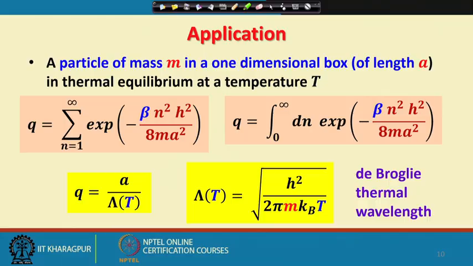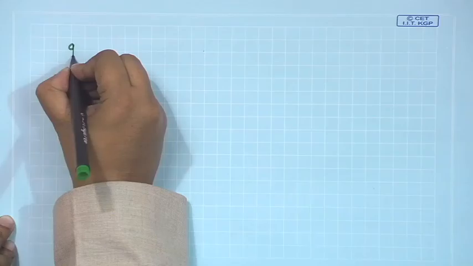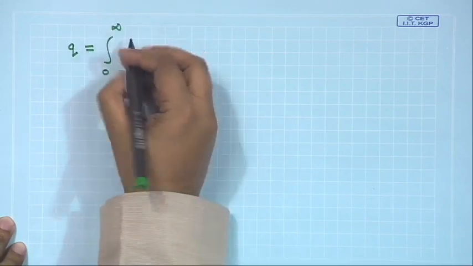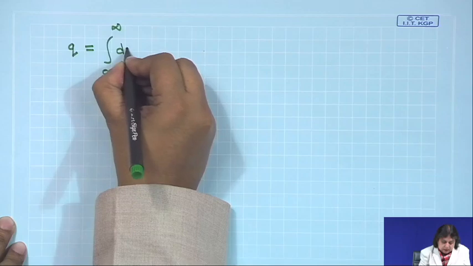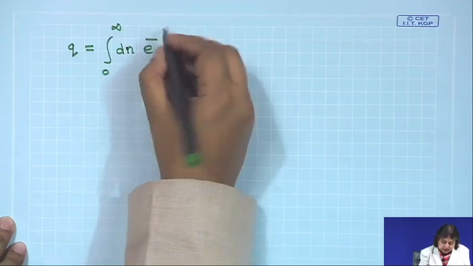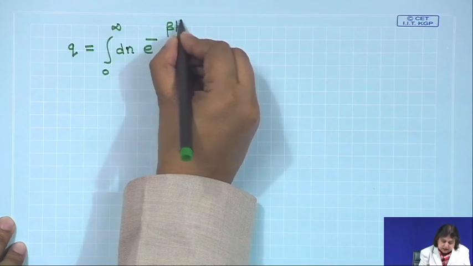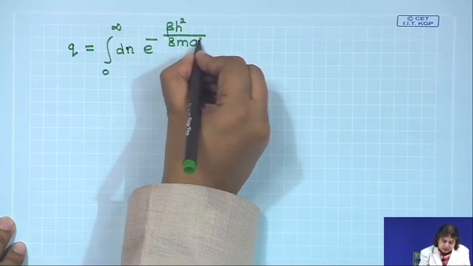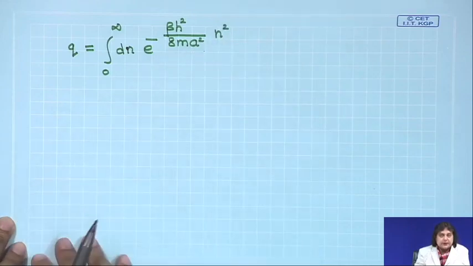Now, going back, let us now try to do this particular integration. So, q is equal to the integral from 0 to infinity dn e to the power of minus beta h square divided by 8 m a square into n square.